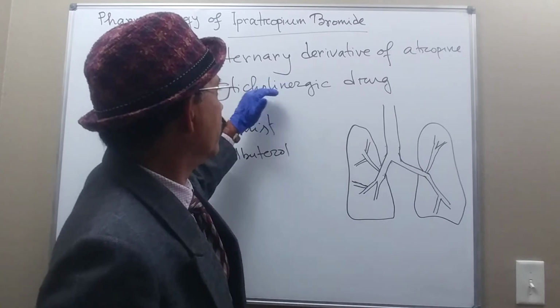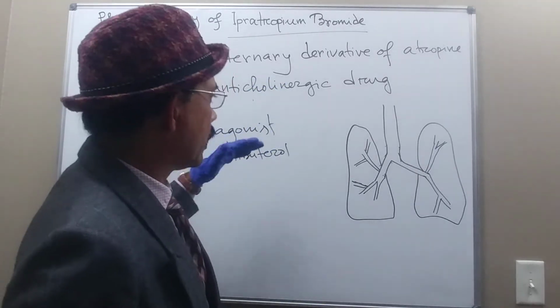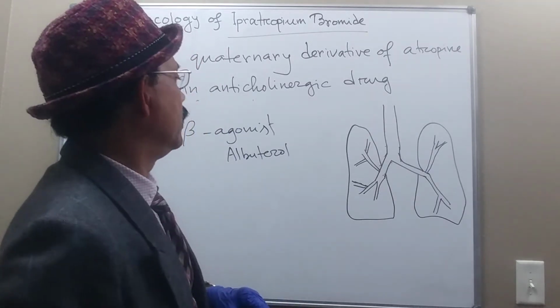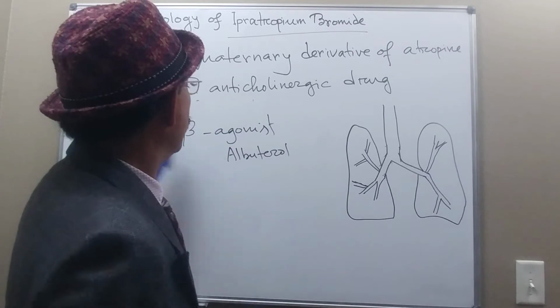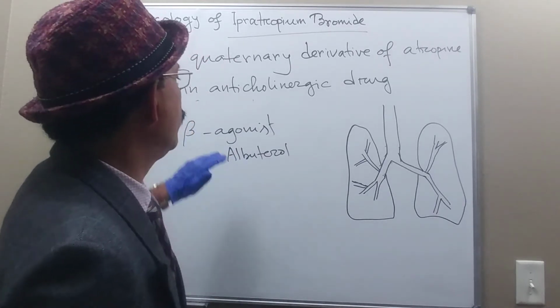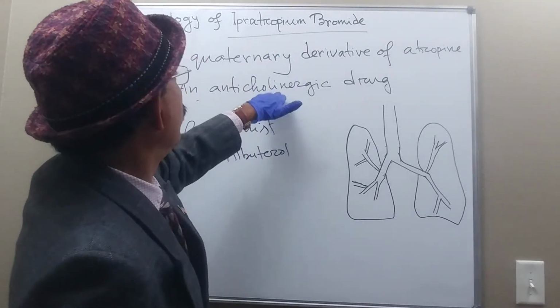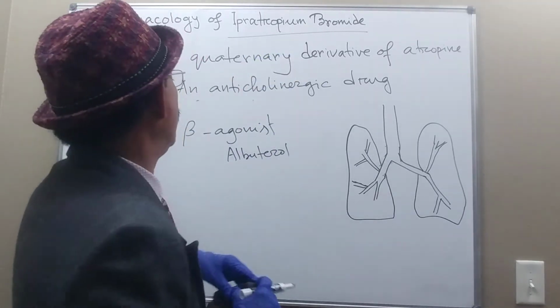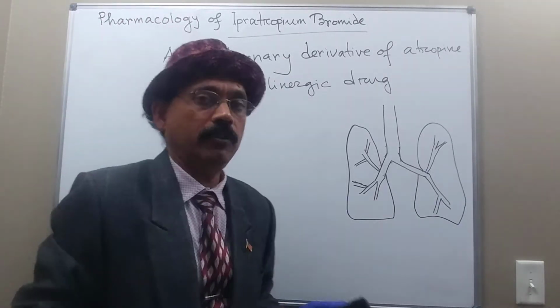It works on the muscarinic receptor. So it is anticholinergic, working against acetylcholine. So the mode of action is different. The beta agonist works on the beta receptor, and this works as an anticholinergic on the muscarinic receptors. Okay, we got the mode of action.